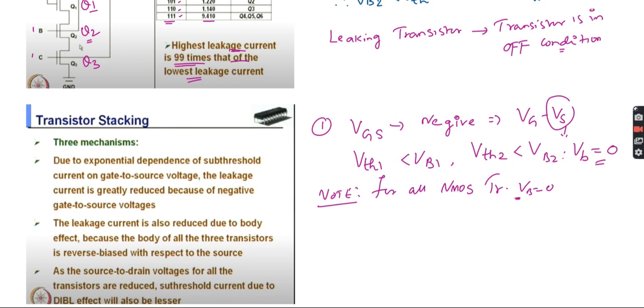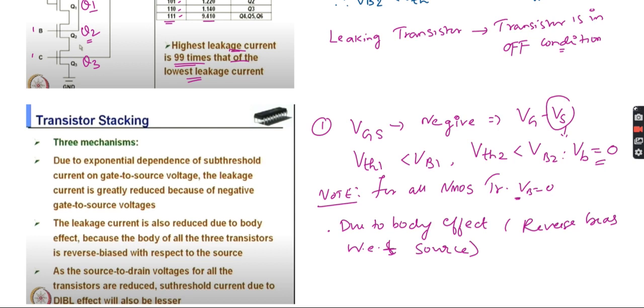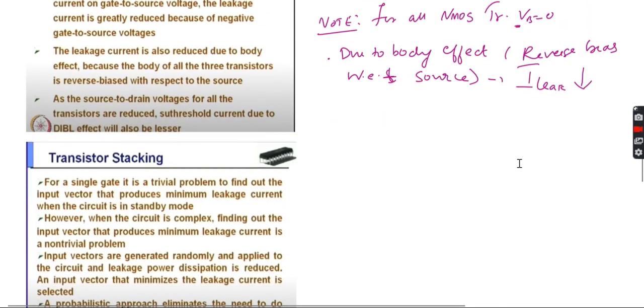Due to body effect, that is a reverse bias with respect to source, your leakage current will be reduced.